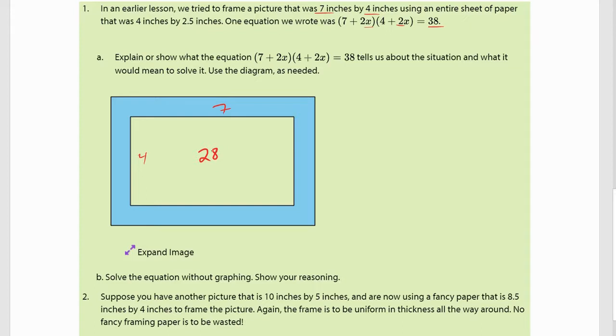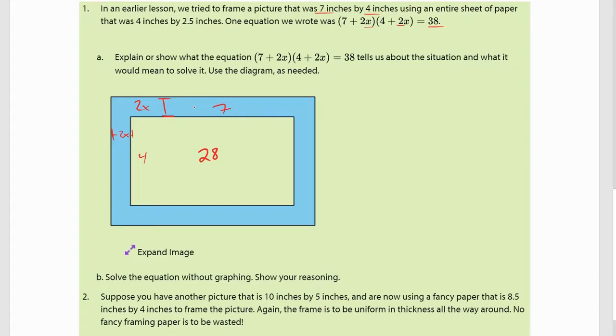And they're telling us that the entire area is 38. And they're saying this is 2x here. So we don't know how much that piece is. And same thing it looks like here, where this is 2x.